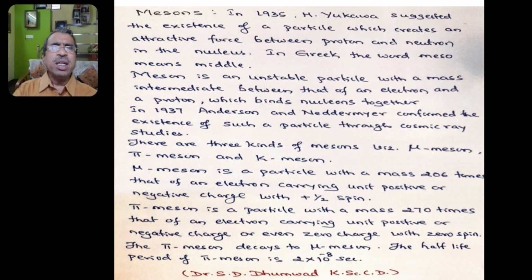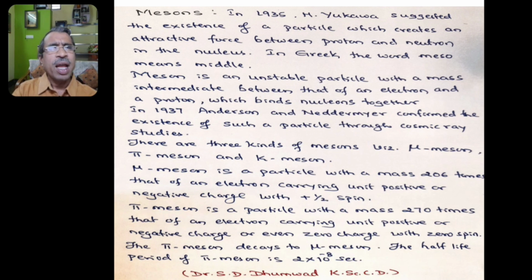Coming to the particles called mesons. In 1936, H. Yukawa suggested the existence of a particle which creates an attractive force between proton and neutron in the nucleus. In Greek, the word meso means middle.